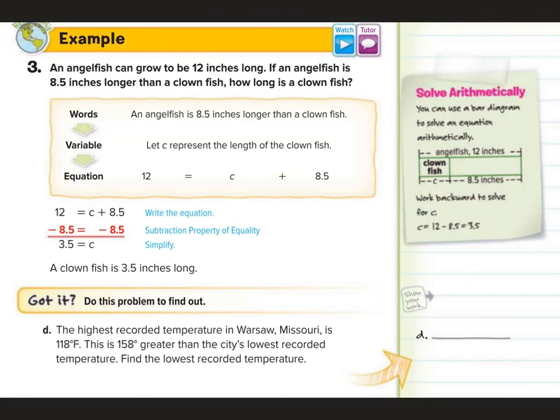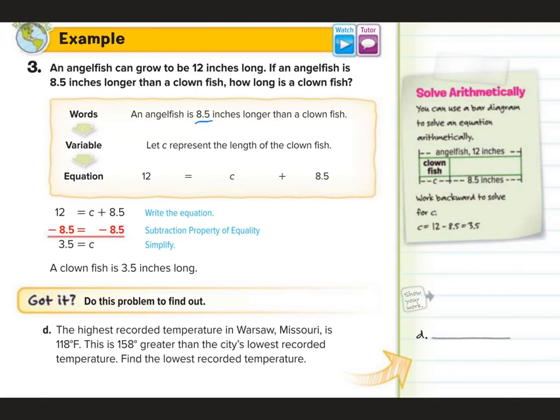An angelfish can grow to be 12 inches long. If an angelfish is 8.5 inches longer than a clownfish, how long is a clownfish?